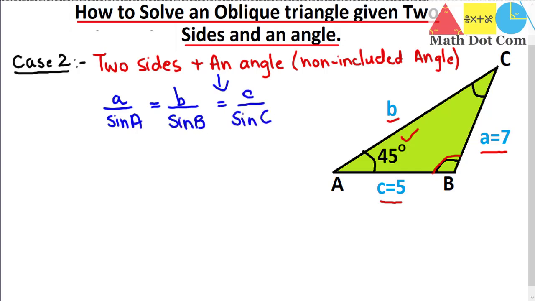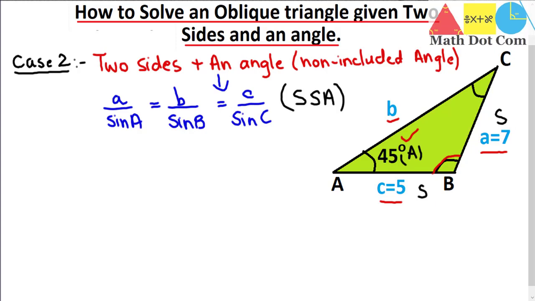So let's solve this oblique triangle in which two sides and one angle are given. It is also written in short as a side-side-angle case, where we have sides and an angle.